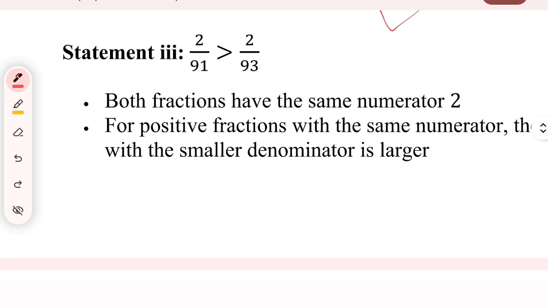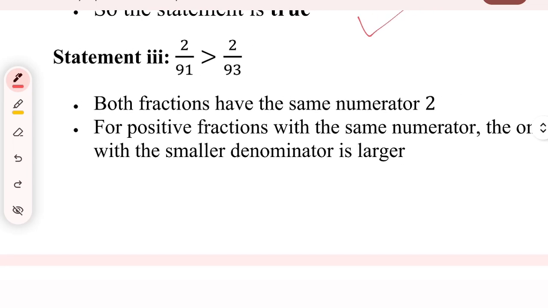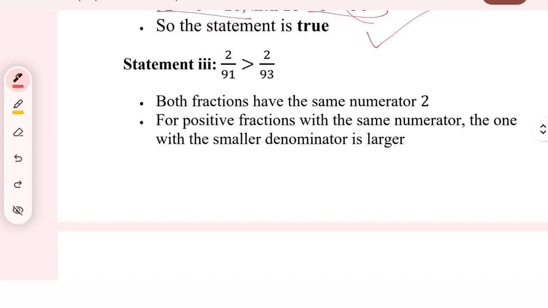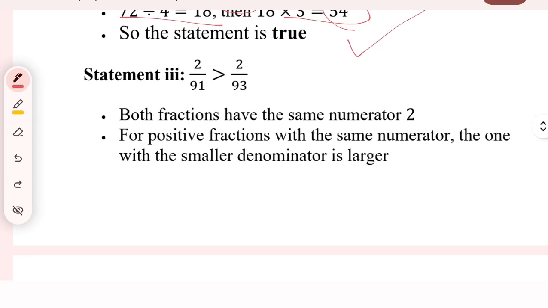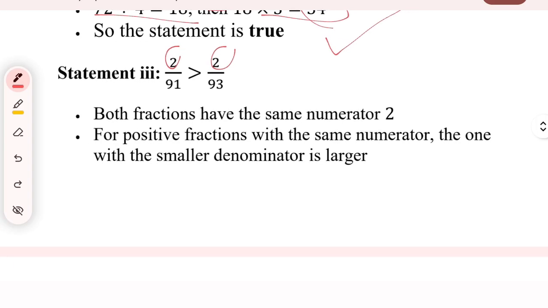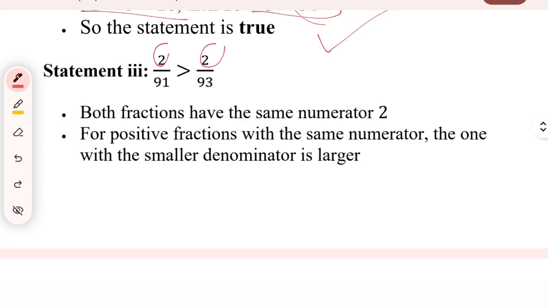For positive fractions with the same numerator, the one with the smaller denominator is the larger fraction. Since the numerators are the same, what you need to do is compare the denominators.